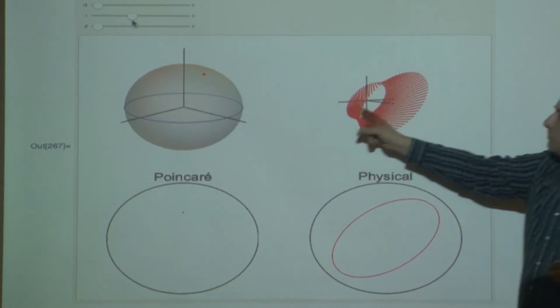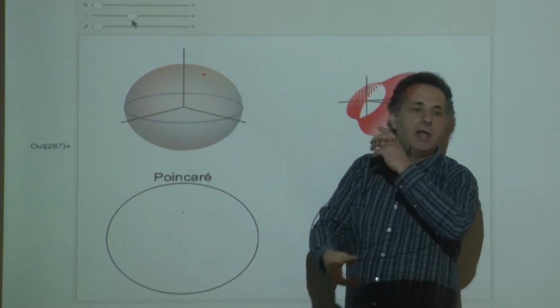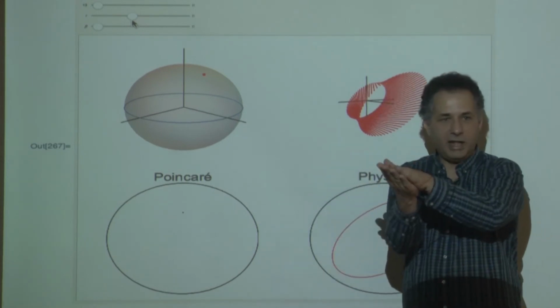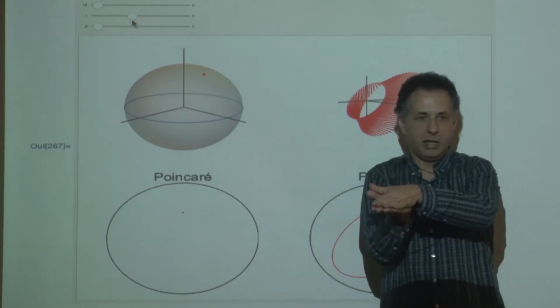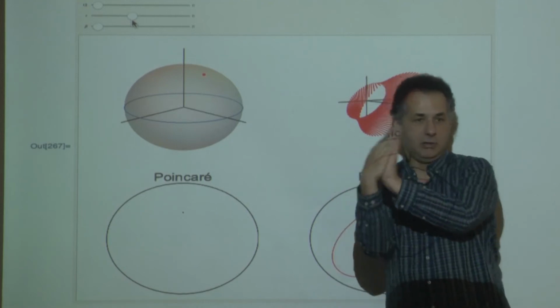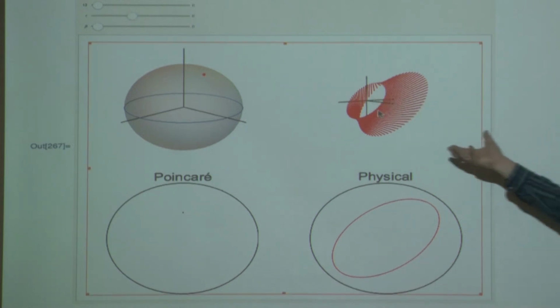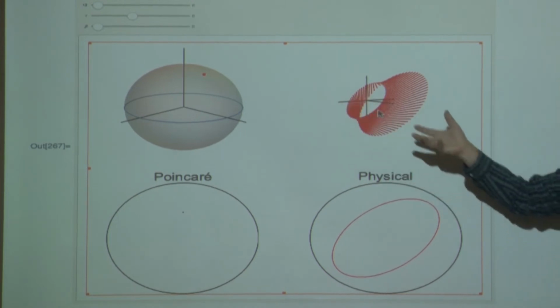So if the ellipse is round, I'm in the north or the south pole, and which depends on the handedness of that rotation. If the ellipse is flat, I'm on the equator, and where in the equator depends on the orientation. And the handedness here corresponds to the handedness of the skewness of these rays.